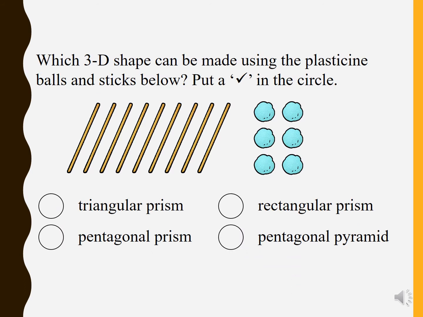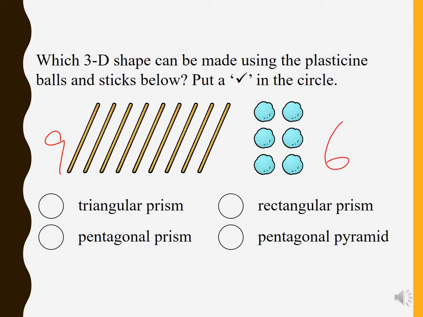Let's look at some more examples of 3D shapes. In this question, which 3D shape can be made using the plaster symbols and sticks below? So for the sticks, there are 1, 2, 3, 4, 5, 6, 7, 8, 9. 9 sticks and 6 balls.